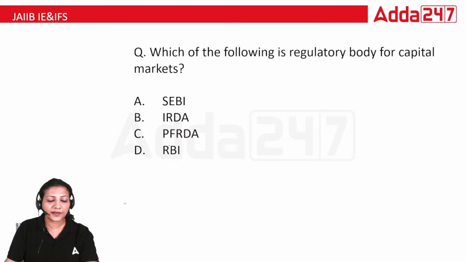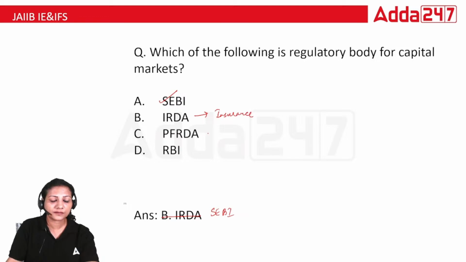The right answer for this question is SEBI. I'm so sorry, this was written wrong. It is SEBI. IRDA is for insurance, PFRDA is for pension, RBI is for banks, and SEBI is for capital market.